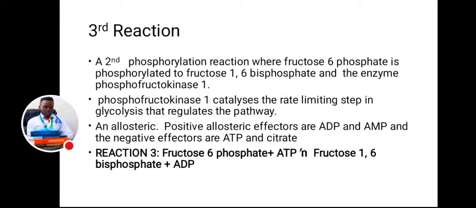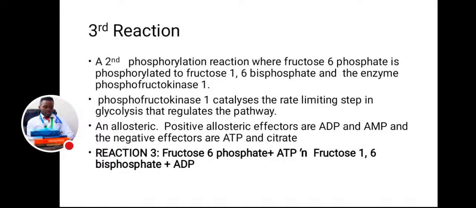So for the positive allosteric effect on this enzyme, phosphofructokinase 1, the positive effectors are ADP, adenosine diphosphate, and AMP, adenosine monophosphate. And the negative effectors are ATP and citrate.